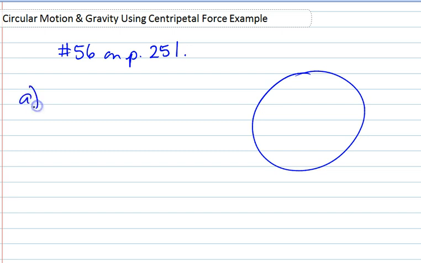A we want to determine where the normal force is the greatest. We have a couple of places to choose from. So what we should do is identify forces at each place and think about what's going on.